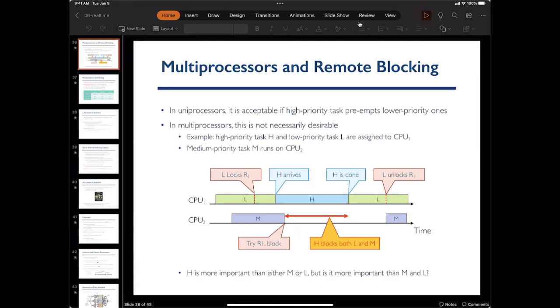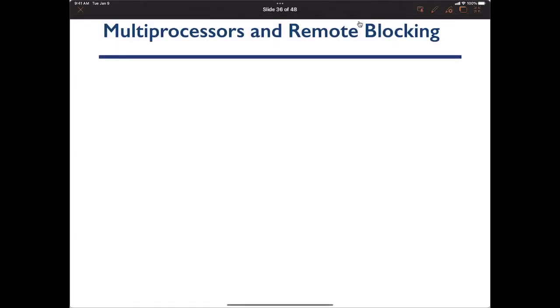Okay, so I'm going to briefly talk about real-time systems running on multiprocessors. So we saw that even with general purpose systems, running the system on a multiprocessor introduces a lot of complexities for the operating system. Now you could imagine all of those plus extra complexity if you run your real-time system on a multiprocessor.